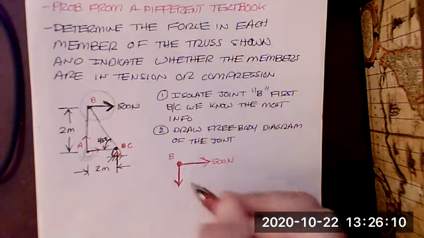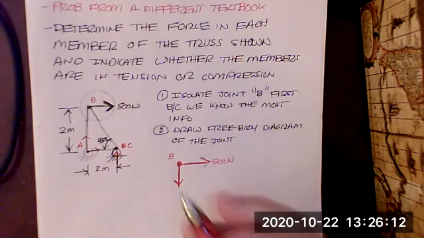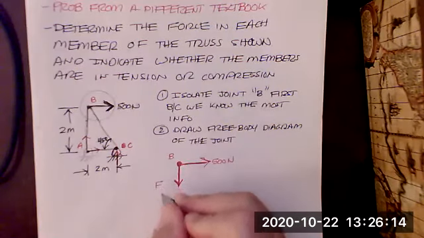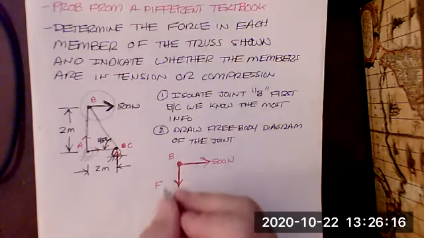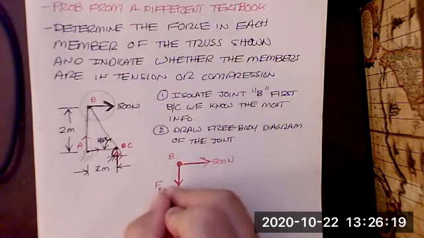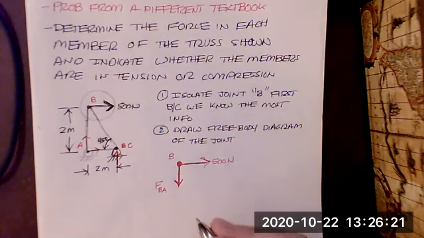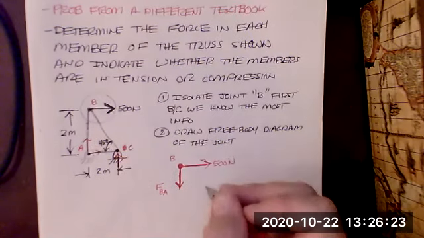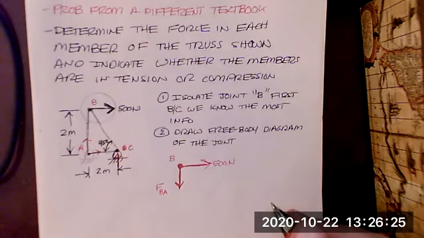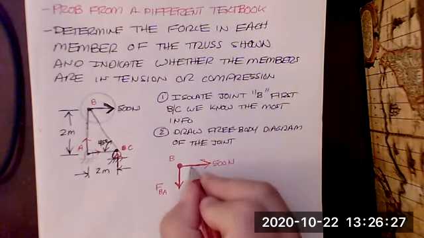I'm assuming that this member here, I'm going to call this FBA. I don't know what that force is, but I'm assuming it's in tension and that it's pulling on the joint.